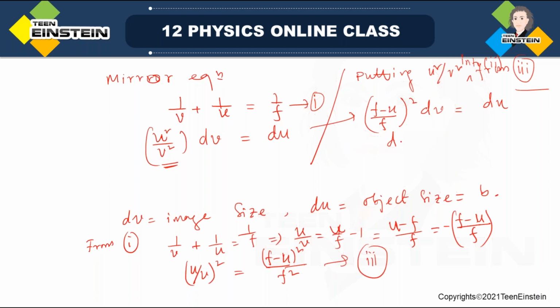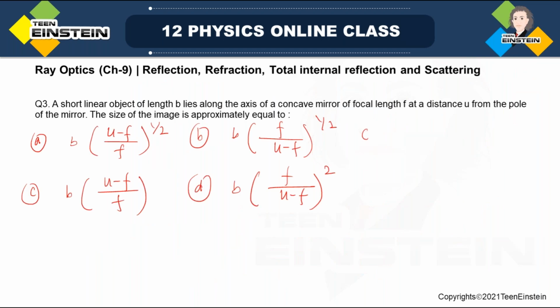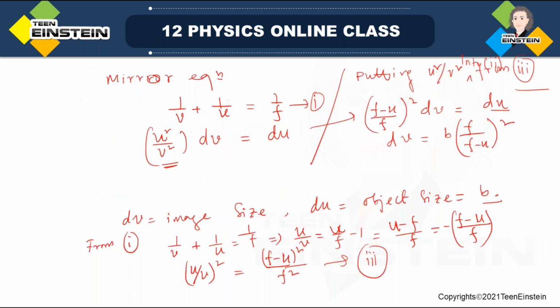Okay, now dv we have to find out, isn't it? So dv will be, this du we have already written, this will be actually b. So b into f by f minus u whole square, or other way, u minus f also we can write. Let us see what are the options. This is the only option which has square. Okay, yes, we have got this.